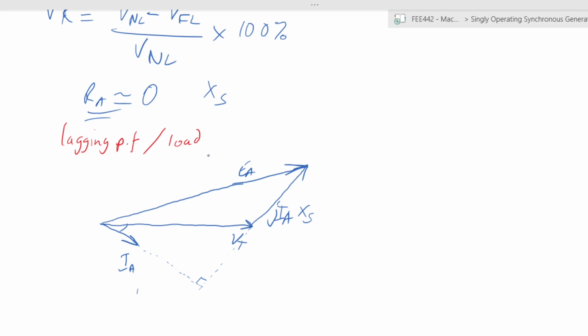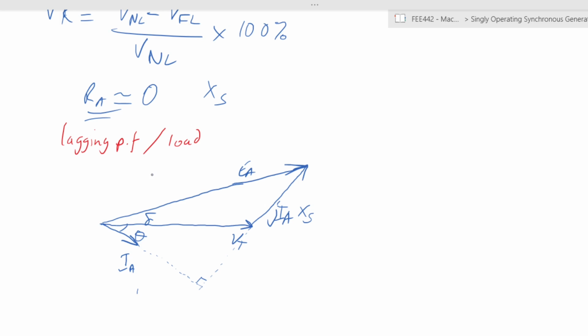Right? So we understand all of that. This is your, not phi, but rather your cos theta. And then you have an angle delta, which is the angle between your internally generated voltage and your VT. Okay, this is lagging power factor or lagging load.